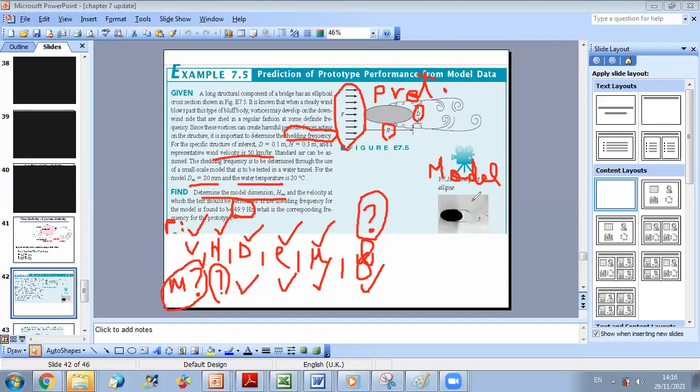By performing the experiment, I can measure this frequency experimentally. So once I measure the frequency experimentally, I can deduce the real frequency by using the similarity relations. Okay, so let us try together to do the first step and find the groups.